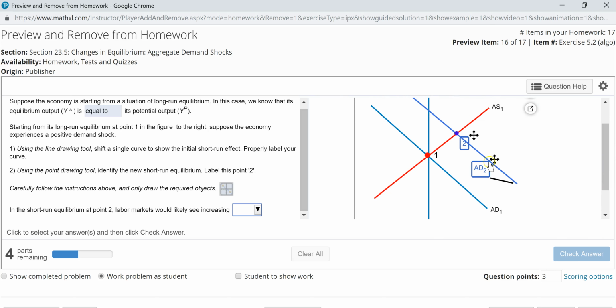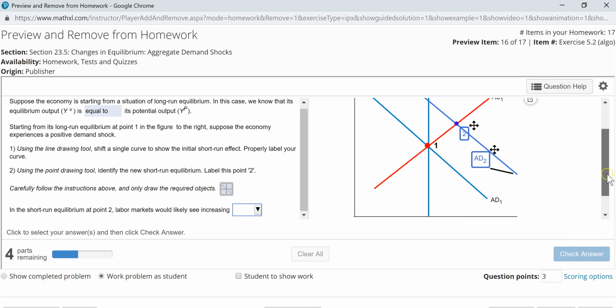So now this output here is higher. The point 2 here is higher. So that means the economy will see increasing tightness, right? The output is higher. The economy is kind of booming. So that's increasing tightness in the labor market.